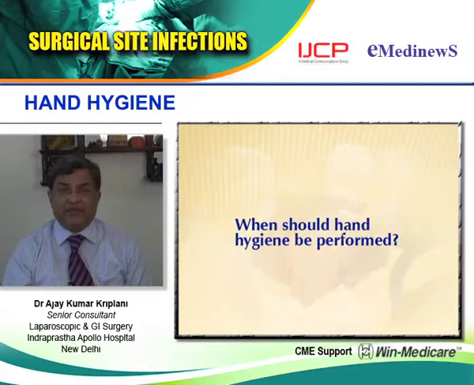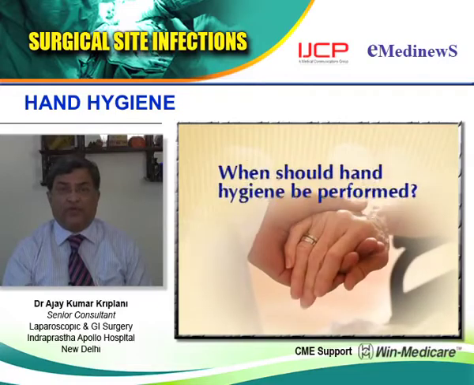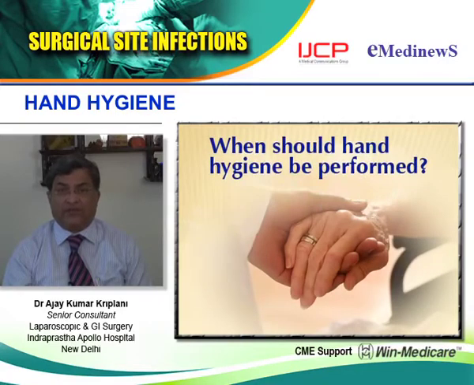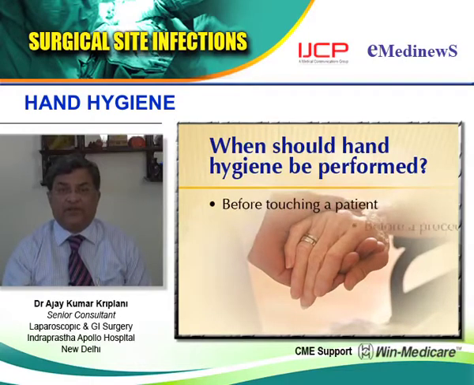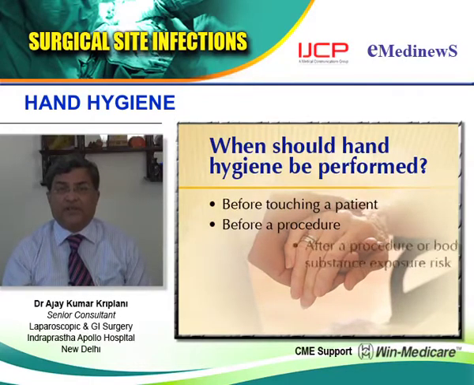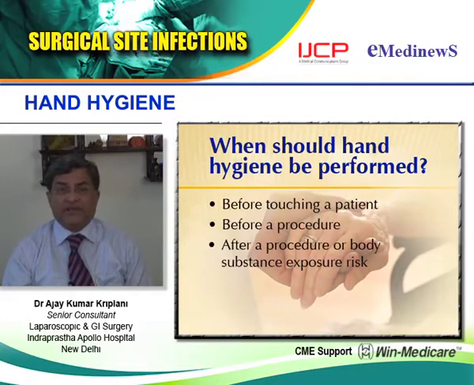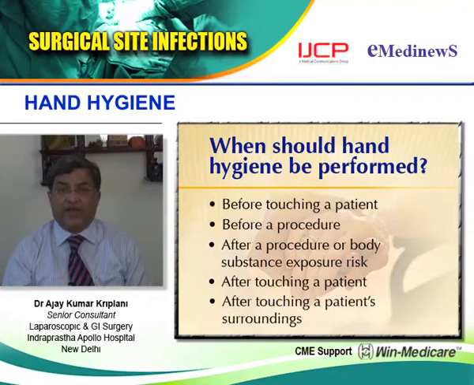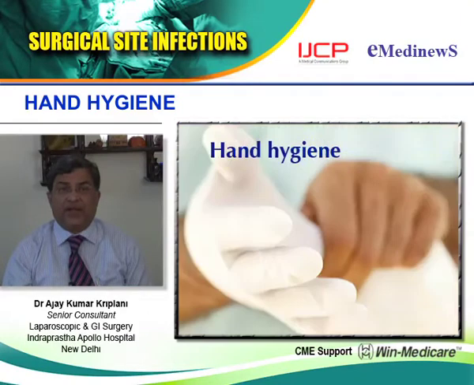Hand hygiene must be performed before and after every episode of patient contact. This includes before touching a patient, before a procedure, after a procedure or body substance exposure risk, after touching a patient, and after touching a patient's surroundings. Hand hygiene must also be carried out after the removal of gloves.